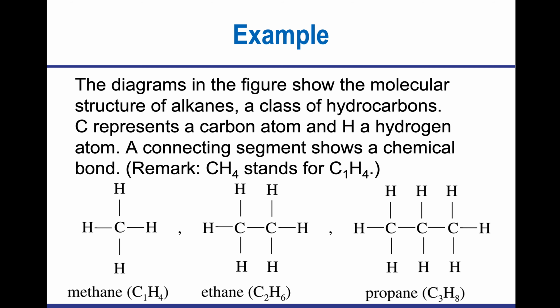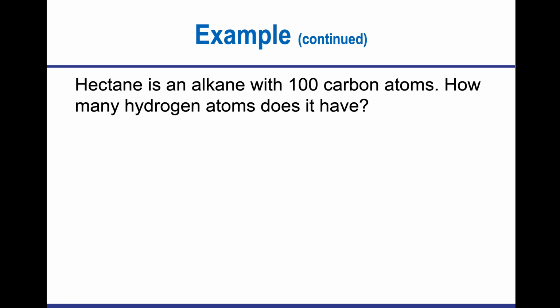The diagrams in the figure show the molecular structure of an alkane, a class of hydrocarbons. This is just a different visual example of what is happening in a pattern. Each time I'm adding a carbon, and that carbon has to be paired with hydrogen atoms. Heptane is an alkane with 100 carbon atoms.